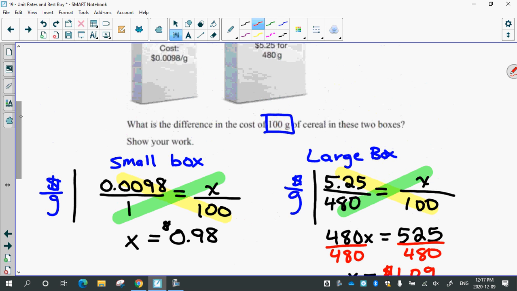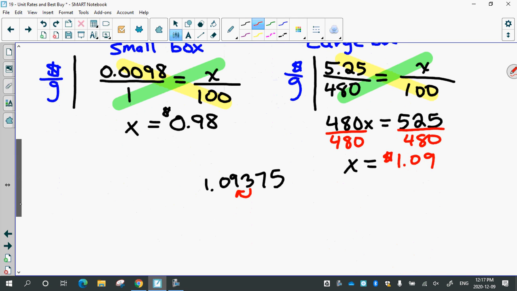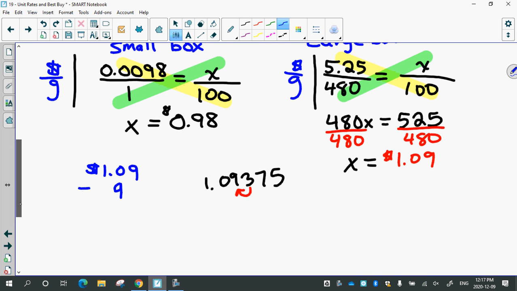So what is the difference in the cost of 100 grams of cereal in these 2 boxes? So my last step is just to subtract. $1.09, take away 98 cents, is 11 cents.